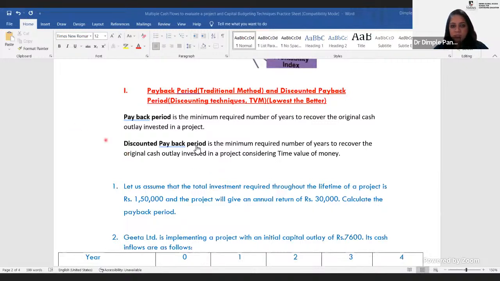Faster the better. So you want the payback period to be as big as possible or as small as possible? As small as possible would be a better deal, right?